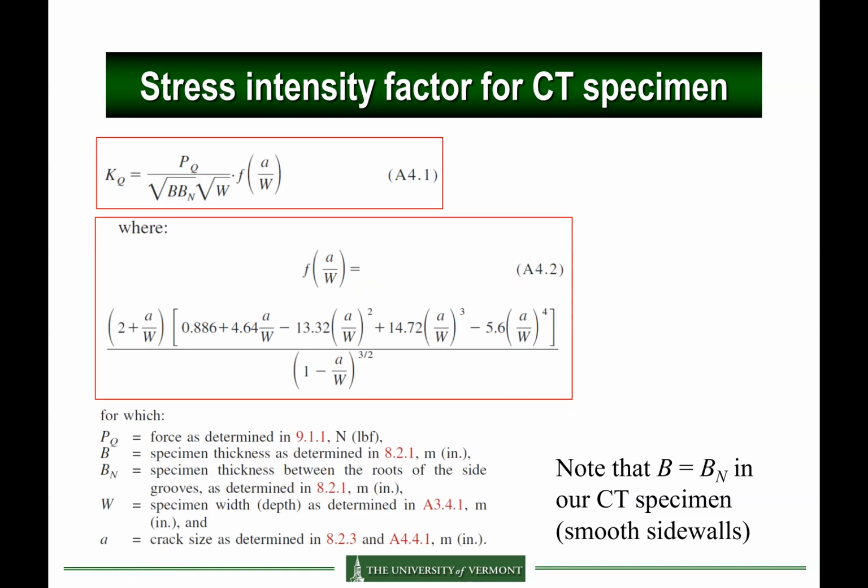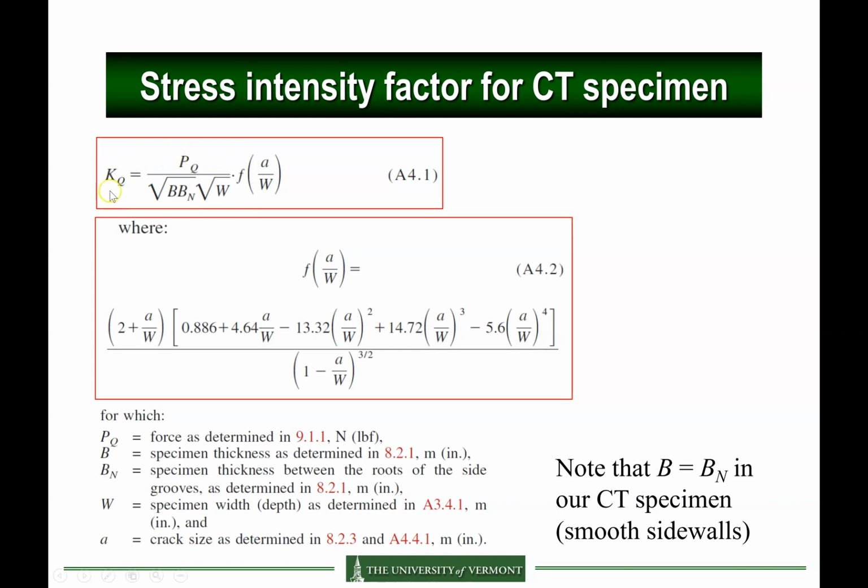Alright, so in your lab report, you're gonna compute the fracture toughness, which is the critical stress intensity factor at which the crack produces catastrophic failure in one cycle. So the ASTM standard provides you with a formula. So this is something you will have to program, probably in an Excel spreadsheet or MATLAB or Python.